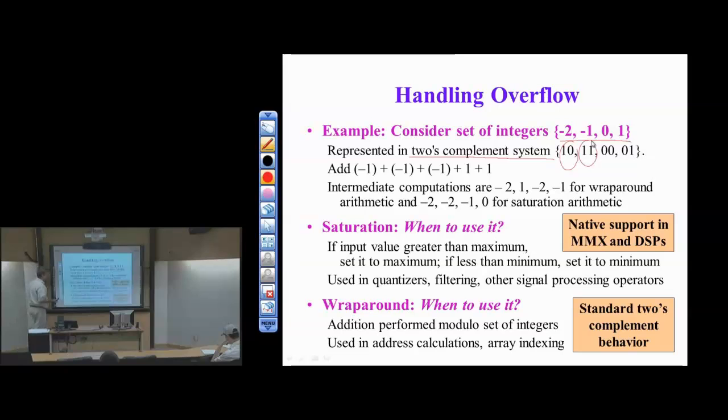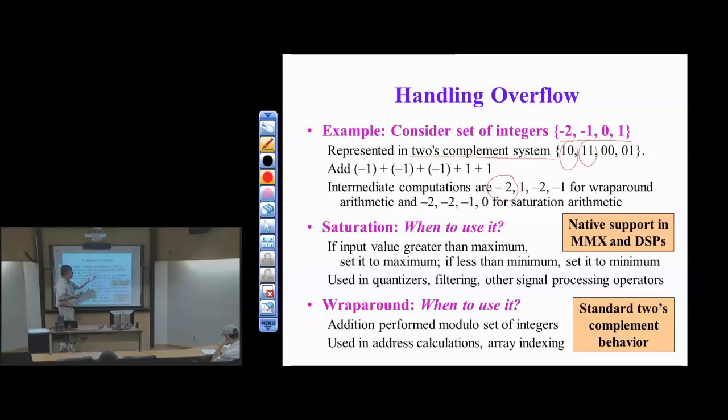Now, there are lots of ways I can add numbers together, and probably the standard way we're used to in two's complement is wraparound. So if I add -1 and -1, that's going to give me -2, not a surprise. If I add -1 to that, well, now I'm out of range of my representation.